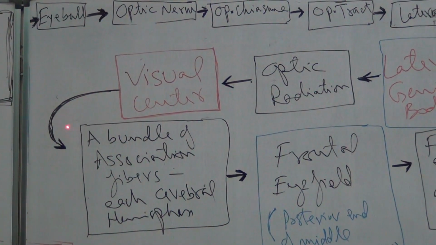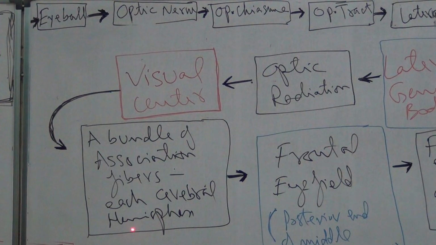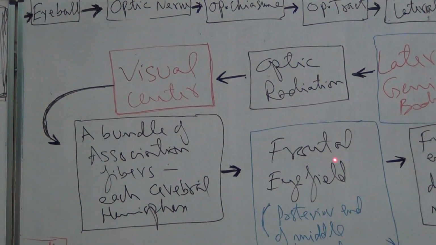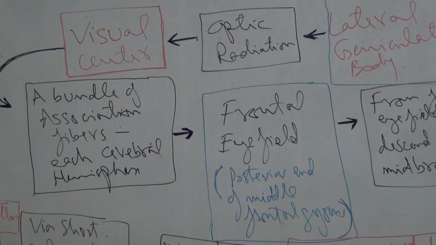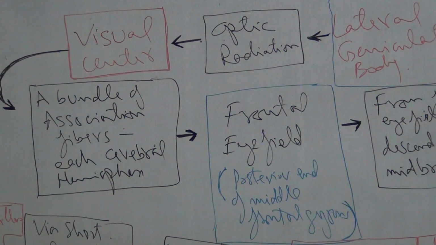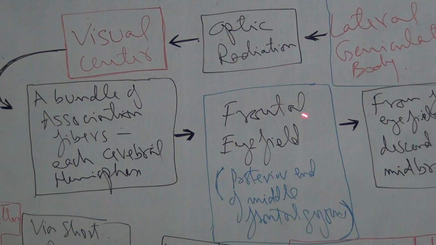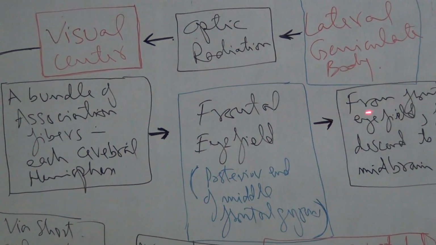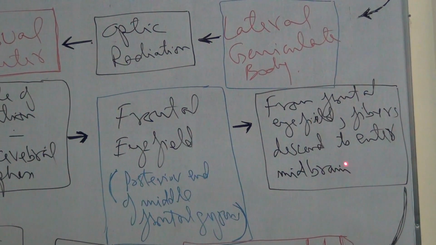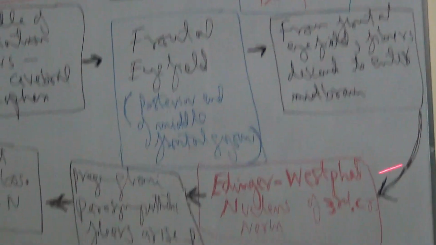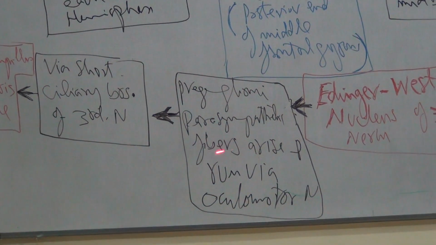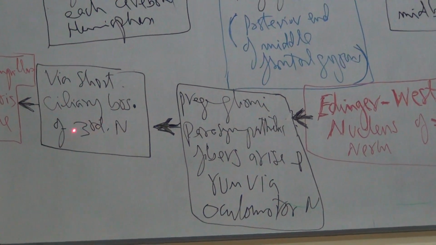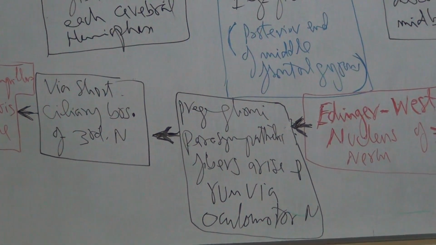From the visual cortex, a bundle of association fibers arises, runs through each cerebral hemisphere, and relays in the frontal eye field, which is on the supralateral surface of the posterior end of the middle frontal gyrus of the frontal lobe of the cerebrum. From here, the fibers descend, enter the midbrain, and relay in the Edinger-Westphal nucleus of the third cranial nerve. From the Edinger-Westphal nucleus, preganglionic parasympathetic fibers arise, which relay in the ciliary ganglion.